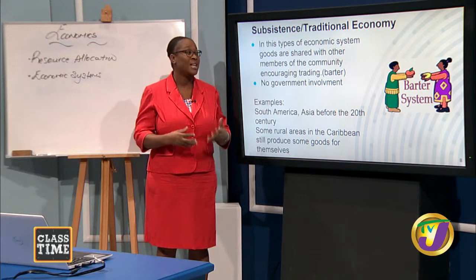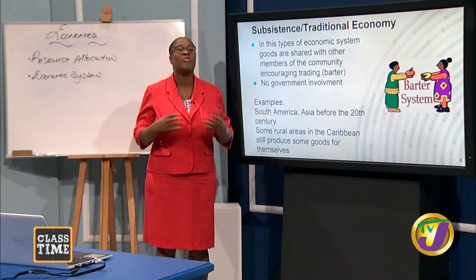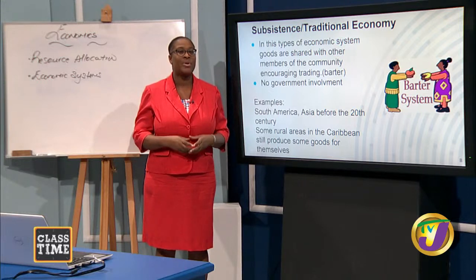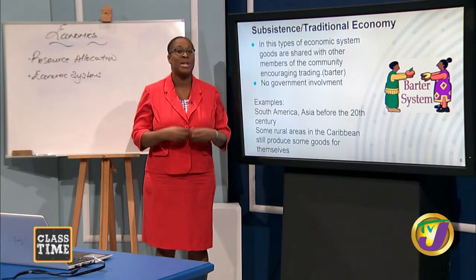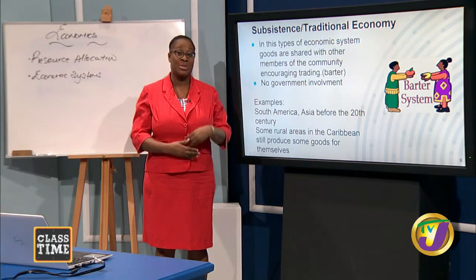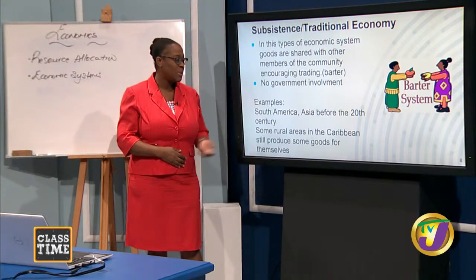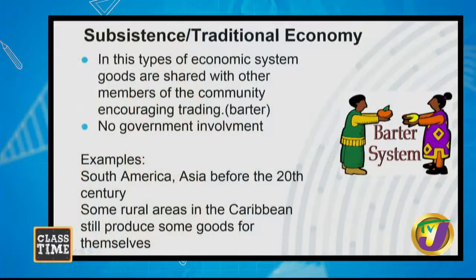You also found that under this traditional system, there was little to no government involvement. So there were no regulations as it relates to what government stipulates in terms of what you can produce or cannot produce. So some of the examples there was before the 20th century, some section of South America and Asia.